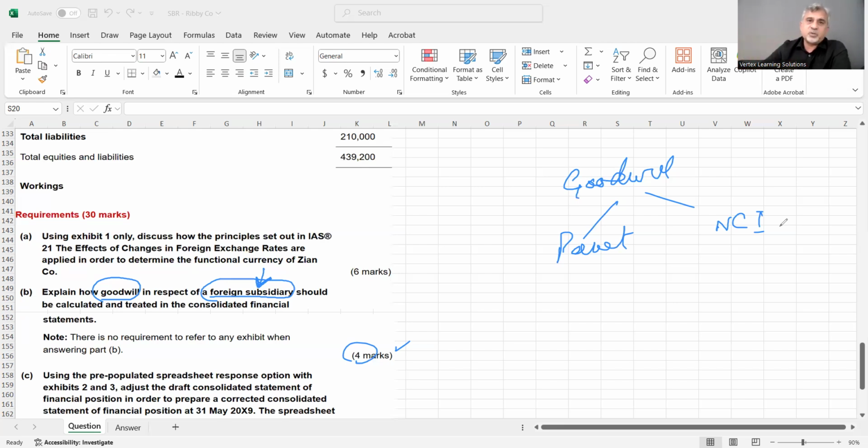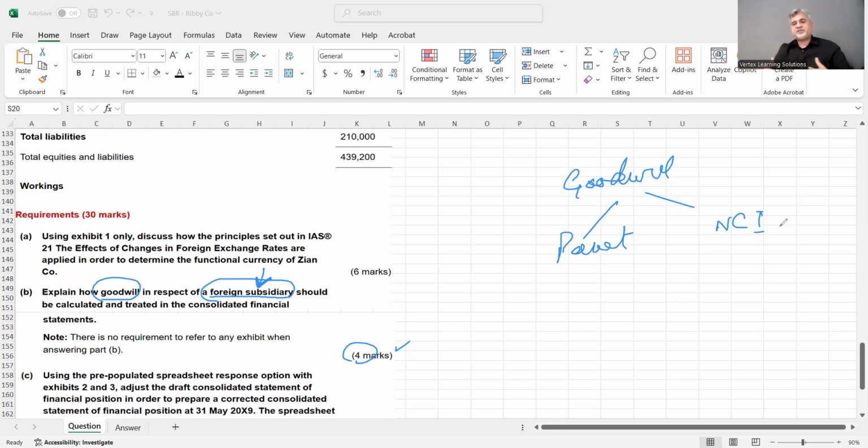Under IAS 36, we learn the same thing. When you have a proportionate method of non-controlling interest, NCI says, I've got nothing to do with goodwill, so any impairment of goodwill I'm not taking, and any gains or losses as a result of translation of goodwill I'm not taking.